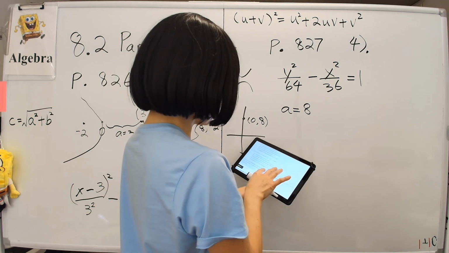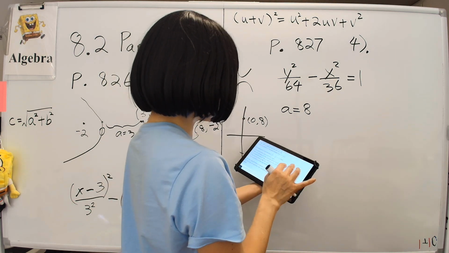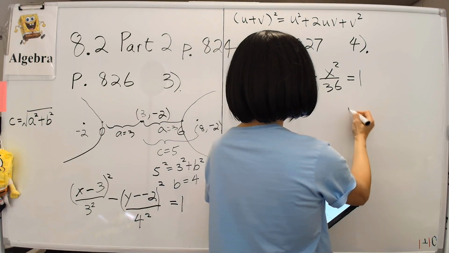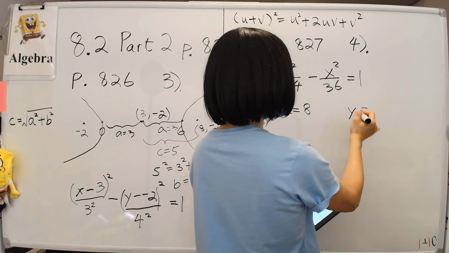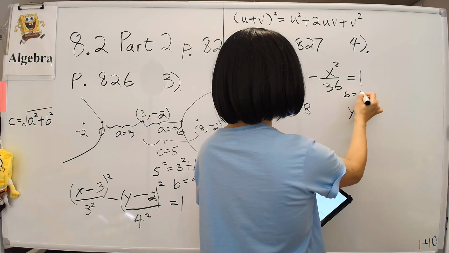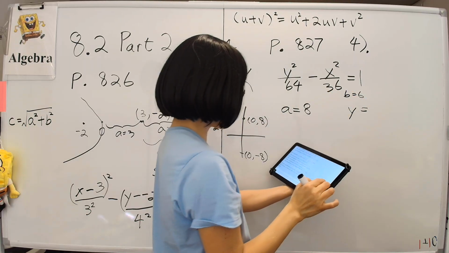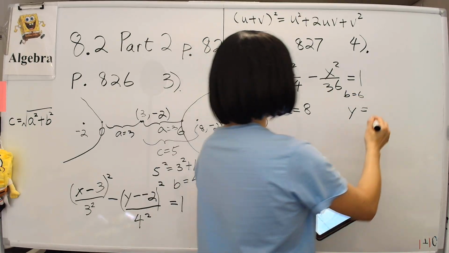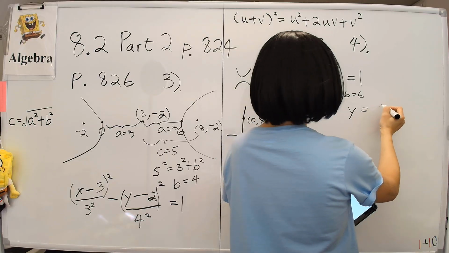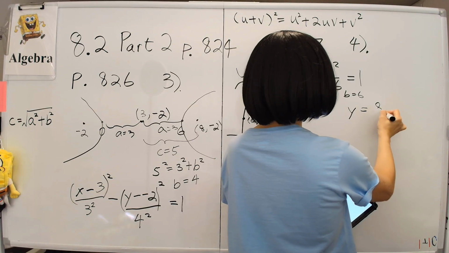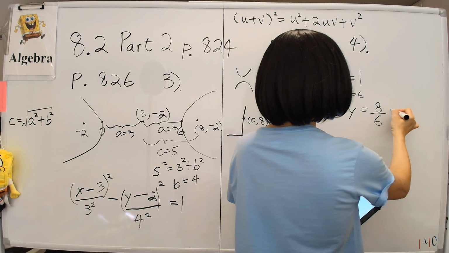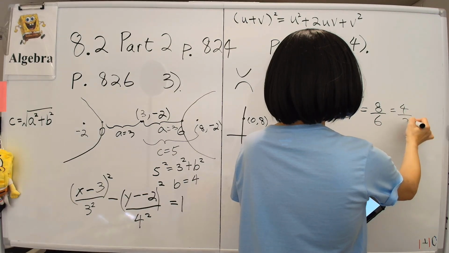And then the next thing we need to know is the asymptotes. Here b equals 6, the square root of 36. The asymptotes are y equals plus or minus a over b x. So a over b is 8 over 6, or 4 over 3 x.